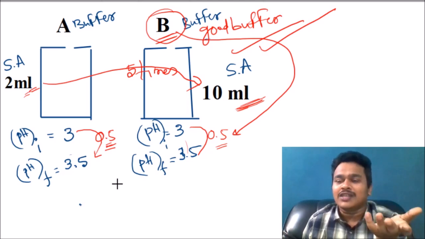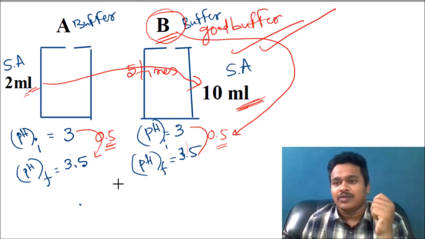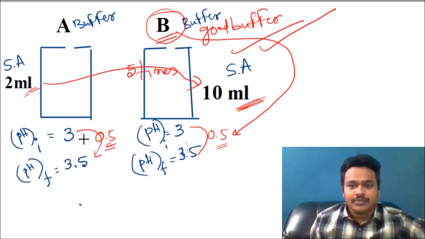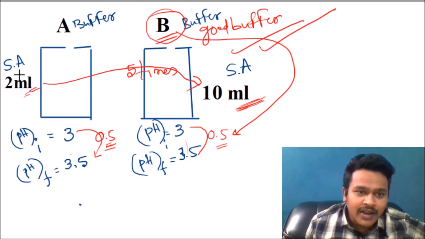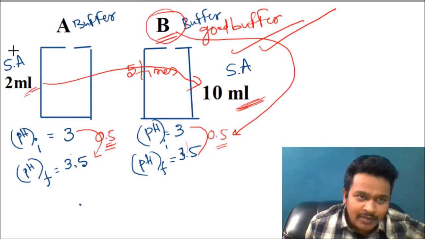What is the strong acid required to change the pH by 1? So how I am calculating, you see. Here I will write. Here how many ml required? 2 ml required. What is the change here? 2 ml you are adding means, observe here, what is the change here? 0.5.